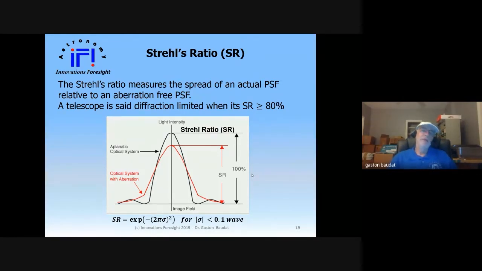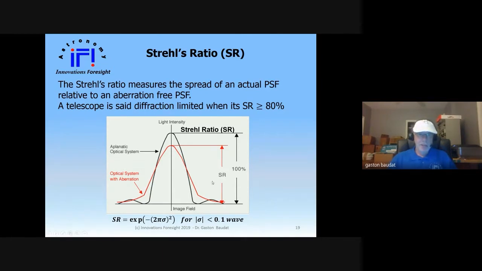So what is the Strehl ratio for a given scope, for a given optical system? It's the ratio between the peak of light intensity you would get if the system was perfect, diffraction limited, for a given source like a star, and the actual value of the peak you get on your actual system. This value is always below the theoretical peak, because the light spreads a little bit more, since you always have some level of aberration in any optical system.